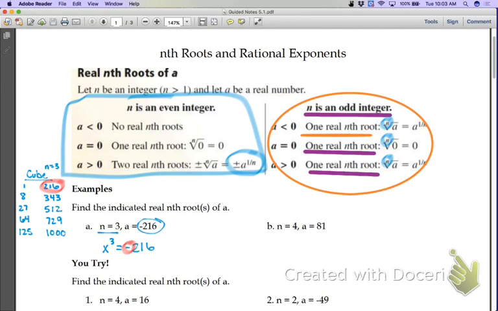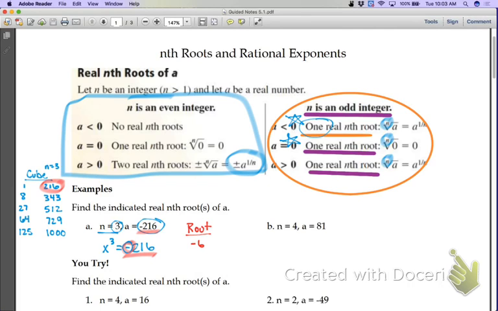Positive or negative? What kind of answer do I have right here? Negative. Is this odd? Yeah, so how many roots am I going to have over here? 1 answer, right? So if it's odd, and this is negative, that means my root here is negative 6.